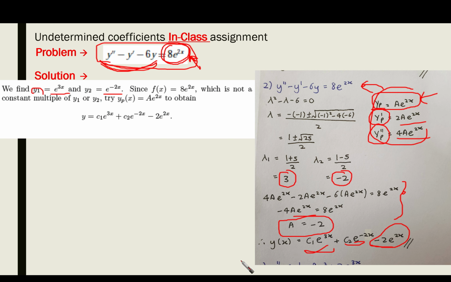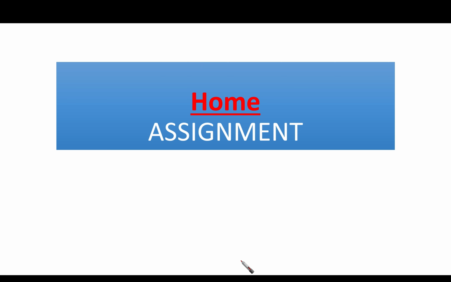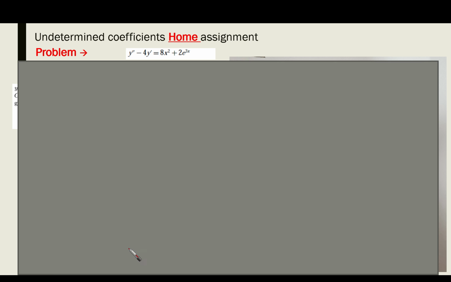You need to do the home assignment after that. Two problems, you need to go through them. This is the first one: y double prime minus 4y prime equals 8x squared plus 2e to 3x. Maybe you need to use the table here.